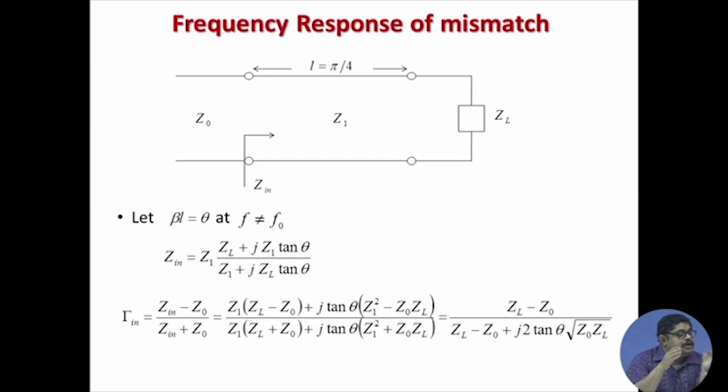The reflection coefficient that we are looking at from the input port of the quarter wave transformer we are calling gamma in. This will be easy to understand. We are considering that we are not at the design frequency, so f is not exactly f naught. If it were exactly f naught, then gamma in would be 0, but we are slightly off, so we have some value that is given by this.